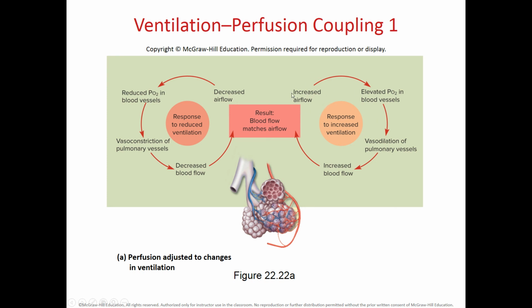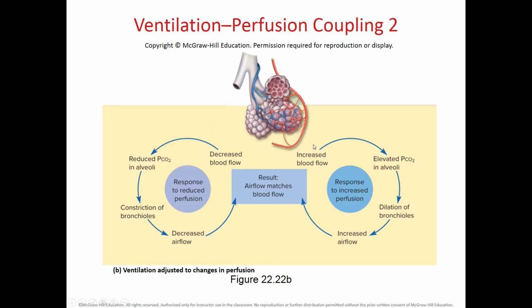So you will increase your airflow, you will increase your partial pressure of oxygen within your vessels because you have more oxygen to pick up, and then that will lead to more vasodilation, to increased blood flow, and then you will match your blood flow to your airflow.